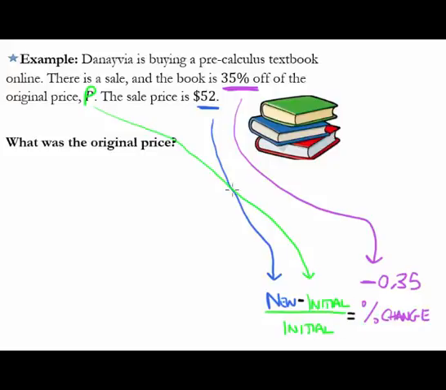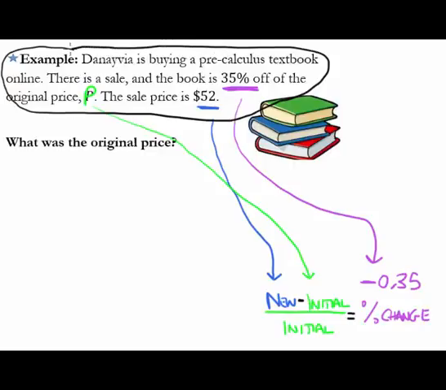So instead, we're going to take all this information and turn it into one algebraic equation, okay? So let's talk through it. There was an original price that we don't know what it is. There is what it used to cost. And then something happened to it. We took 35% off of it, okay?